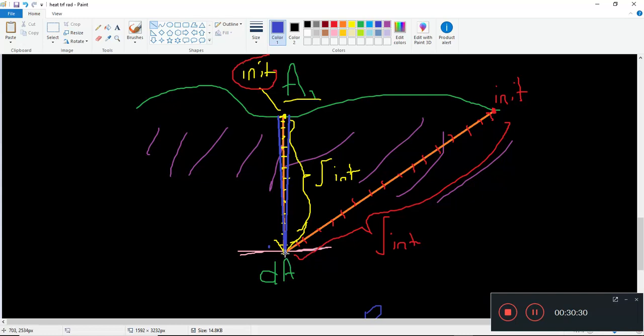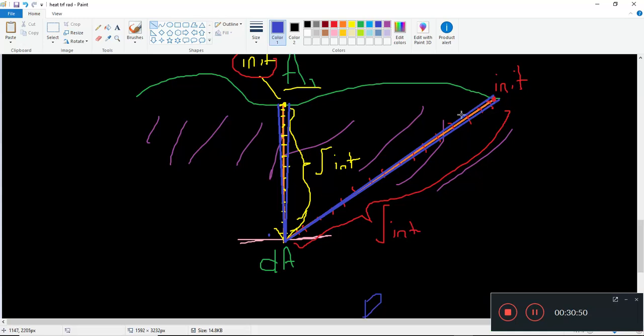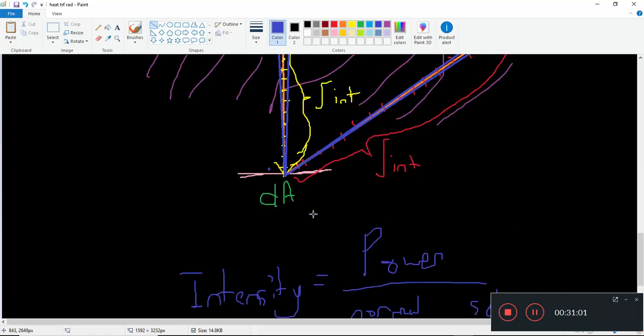Likewise, when you look from a different angle, you consider the intensity depending on this solid angle as bounded by the second set of blue lines I've drawn. That will be determined by this orange line here. You do your initial and your integration. That's what you are actually calculating. It is not the intensity like power per unit area, or the intensity being received by the plate in total.